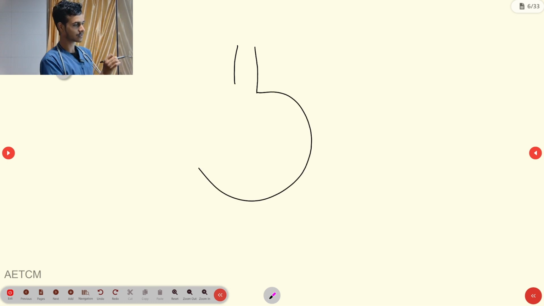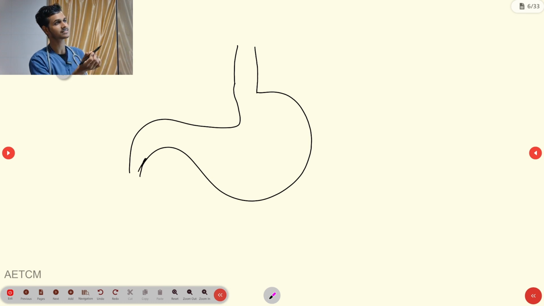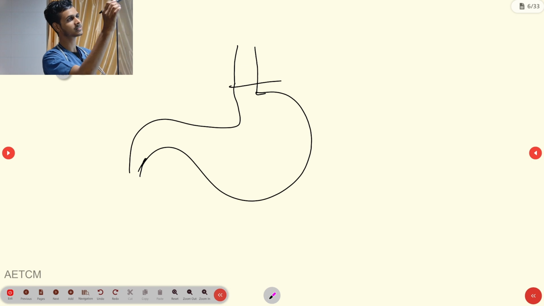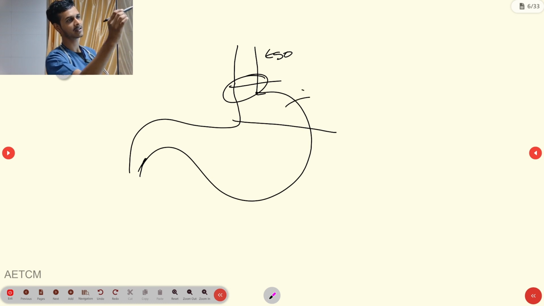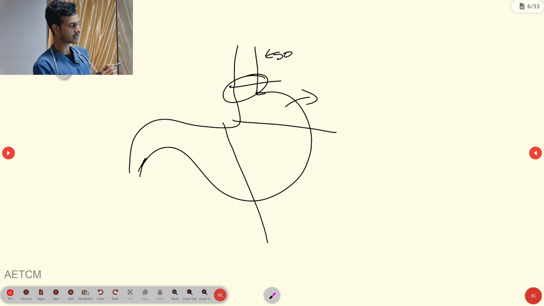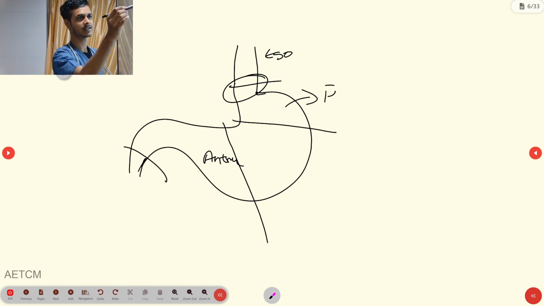Consider this as our esophagus and then stomach. Up to here is the esophagus, here we have the cardiac sphincter, this is our upper portion, this is our body, this is our antrum, and here we have the pyloric sphincter, this is the fundus, this is the body of the stomach, right.